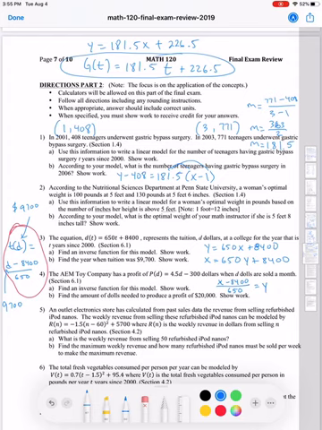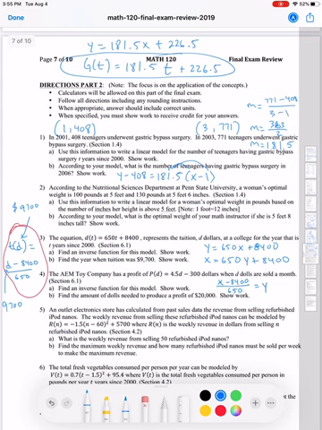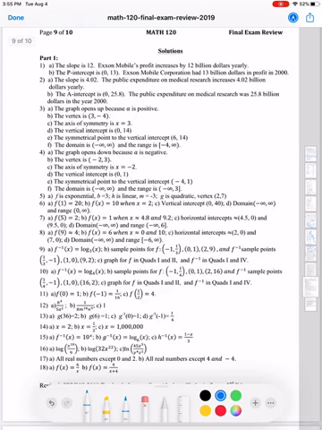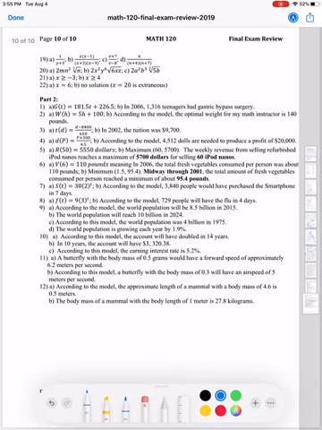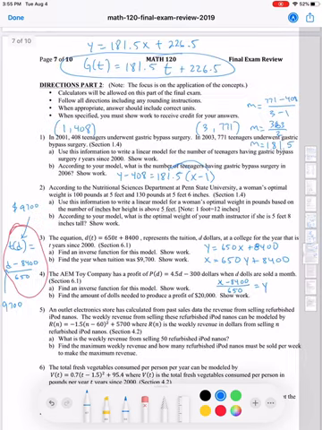Is it 2? Yep, 2002. Okay, the year 2002, the tuition was $9,700. All right, so that was 3A and then B.